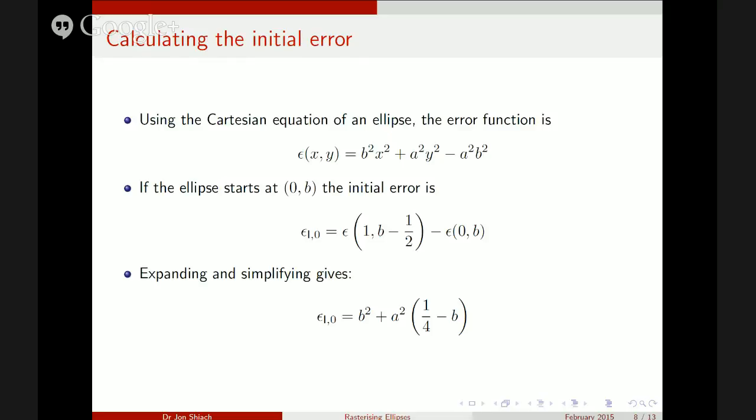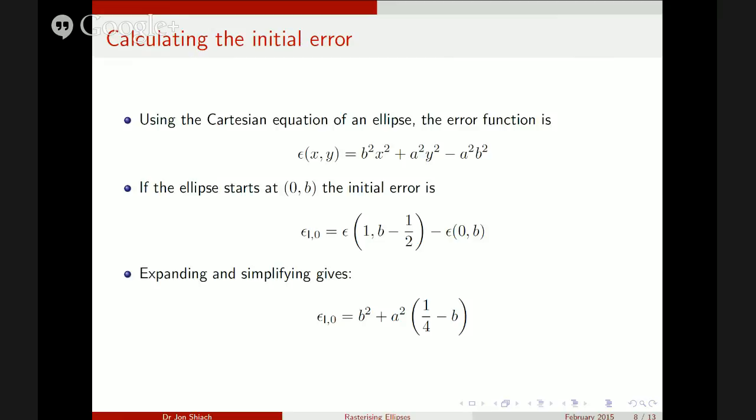The 12 o'clock position is north, (0, b), because b is your radius in the y direction, and you take that away from the error if we add 1 to our x coordinate, because x is the driving axis, and the midpoint between those two. So plug these into that formula, do a bit of rearranging, and we get there. That's just expanded out, it cancels out to that. That's our initial error, in terms of the radii a and b.